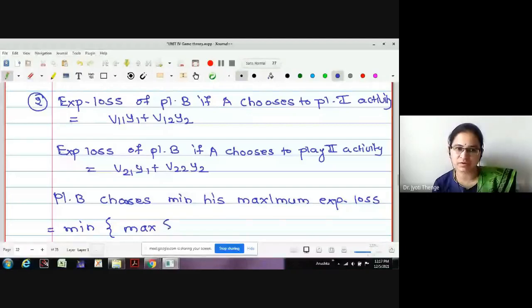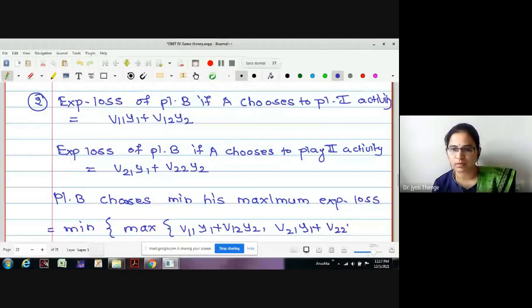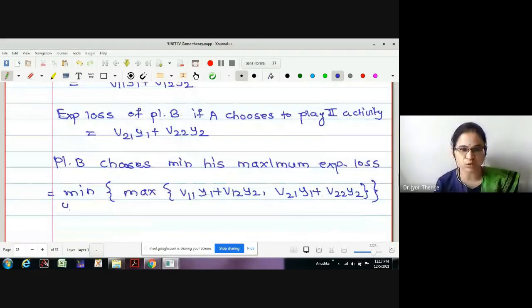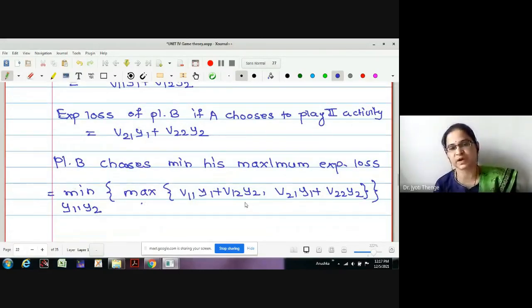That is v11 y1 plus v12 y2, v21 y1 plus v22 y2. Therefore our aim is to find out the two probabilities y1 and y2 which are going to minimize this maximum expected loss. Is that okay? Therefore, that idea of the max min, min max criteria is the same.